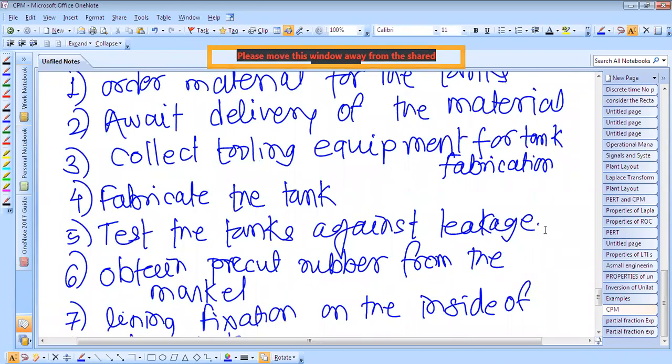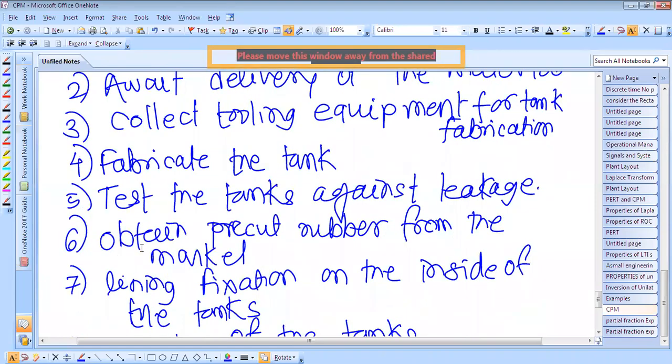If the tank is fabricated, we have to see whether it is properly fabricated by checking whether there is any leakage from the tank by filling water in the tank. Then we have to obtain the pre-cut rubber from the market. That pre-cut rubber is used for the lining of the tank.